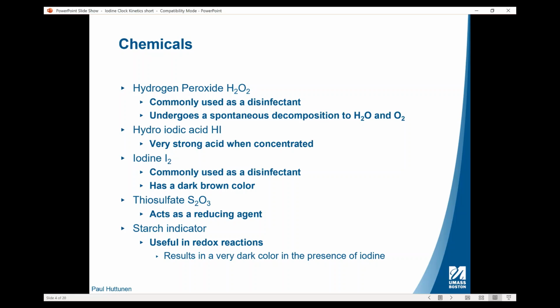Okay, so the chemicals that we are using in today's lab: we are using hydrogen peroxide. It's used as a disinfectant. You can get various percentages of hydrogen peroxide in your local grocery store or pharmacy. It does undergo a spontaneous decomposition to H2O and O2.